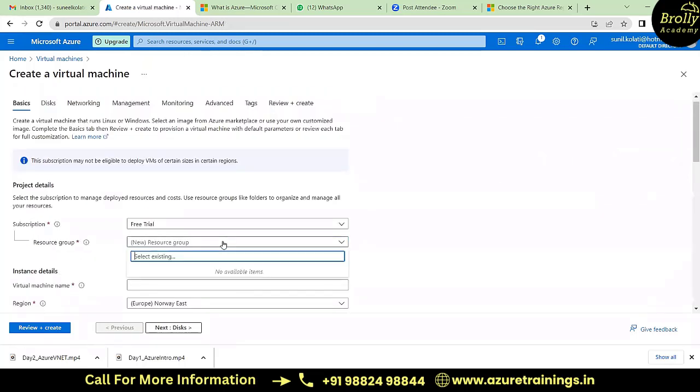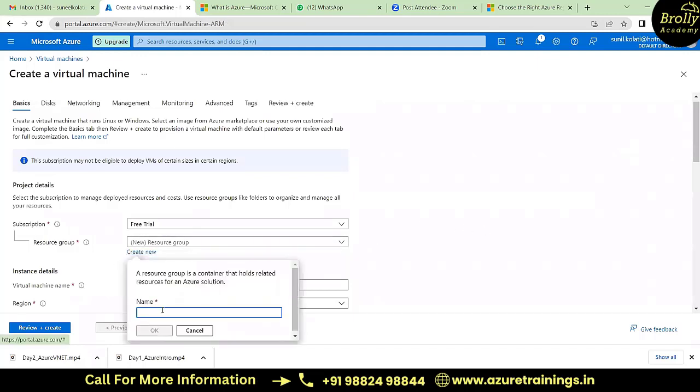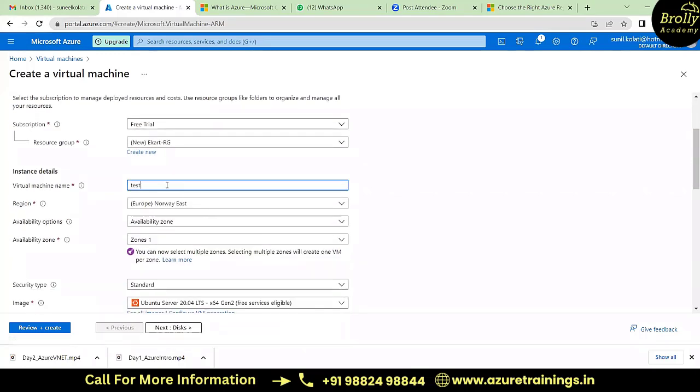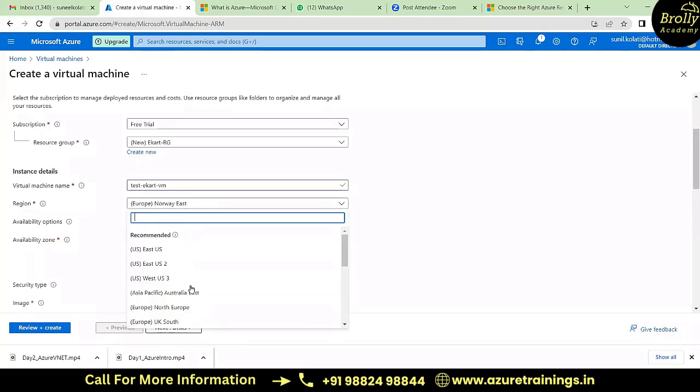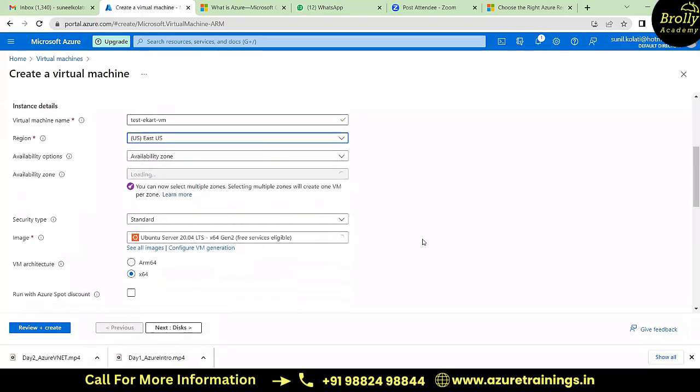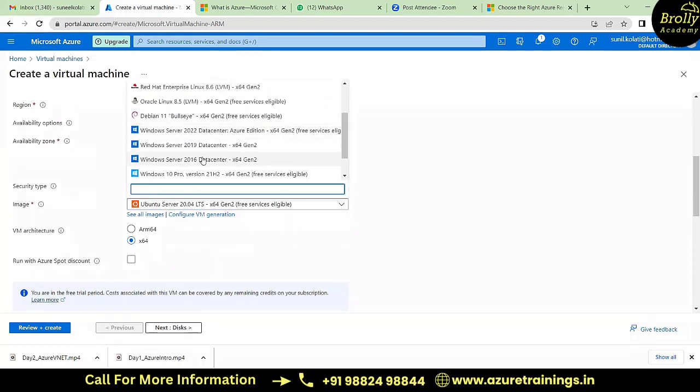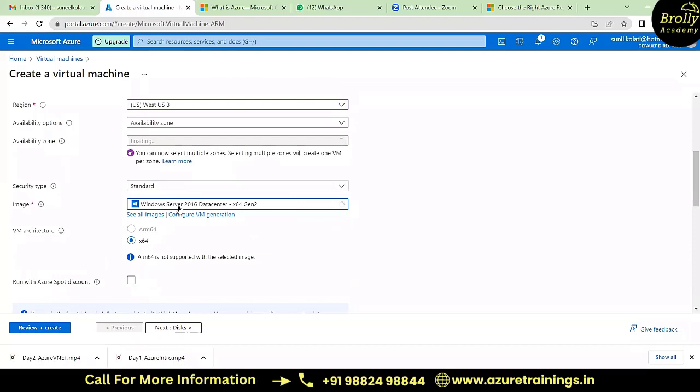For demo purposes, I'm just selecting Windows Server.